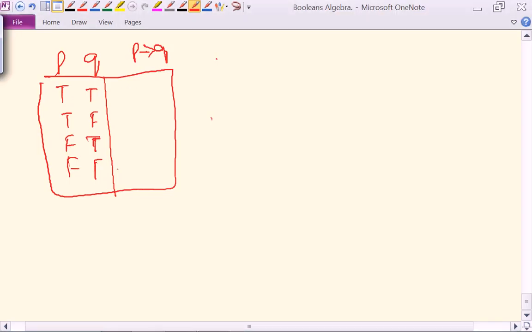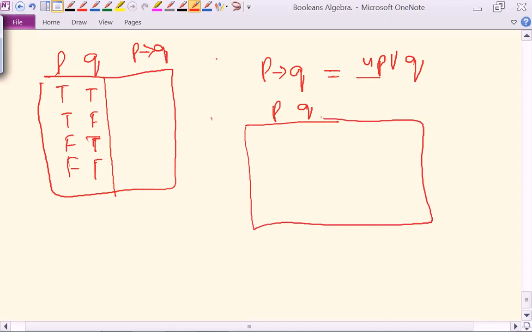As I said, P implies Q is logically equal to not P or Q. So if you want to find P implies Q, you just find not P or Q. So if I do it here, this is P and Q, and this is my P: true, true, true, false, false, true, and false, false.